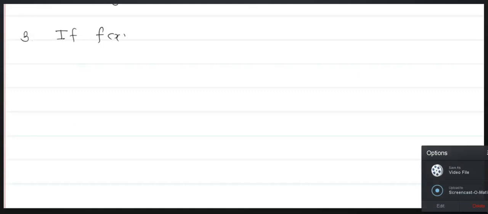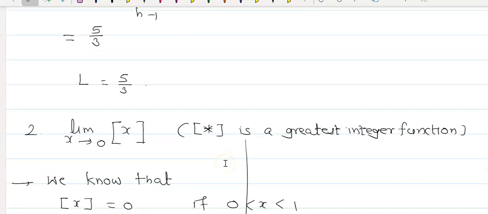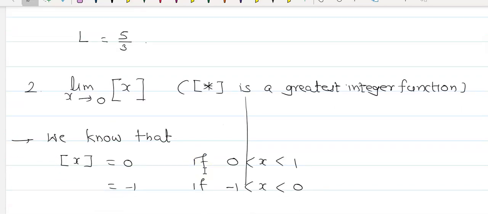Now see the second here. That is limit x tends to 0 of [x], the greatest integer function.